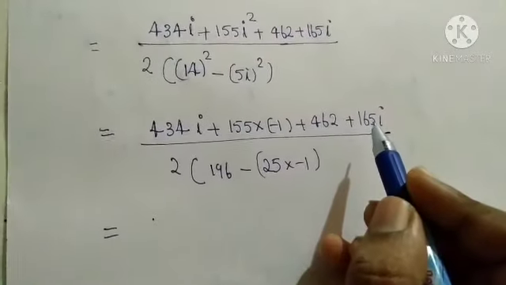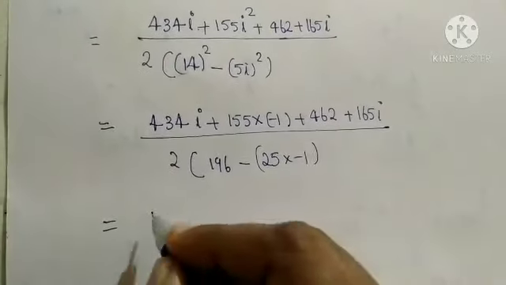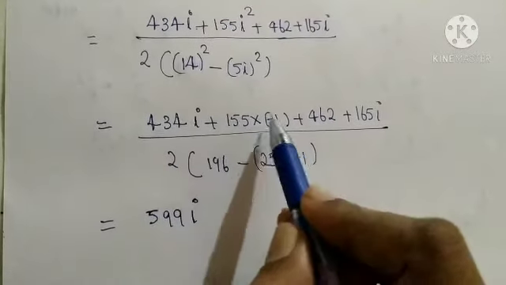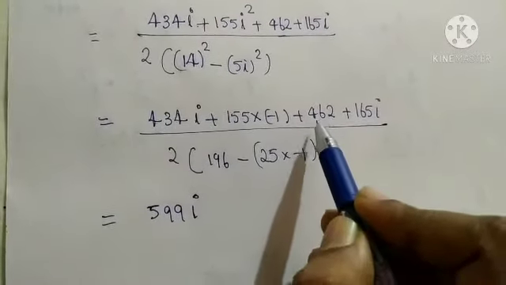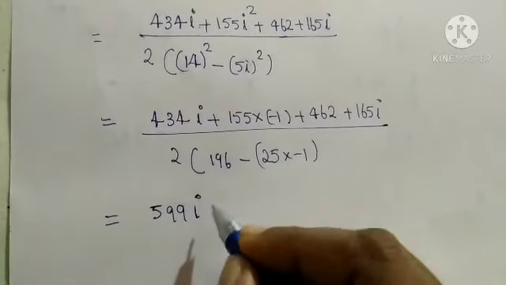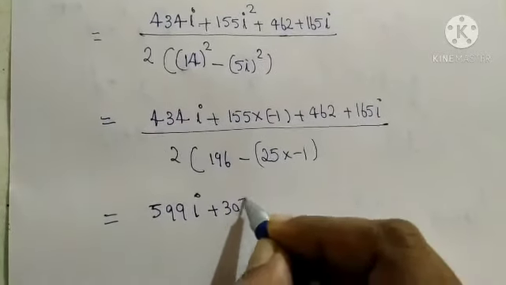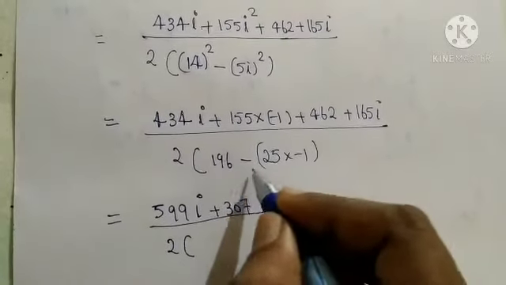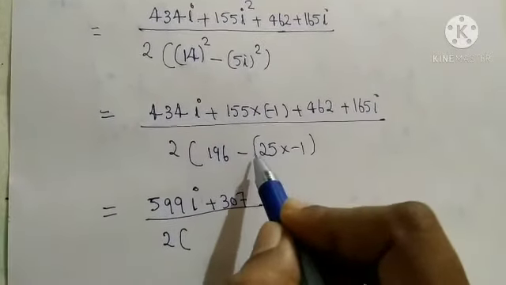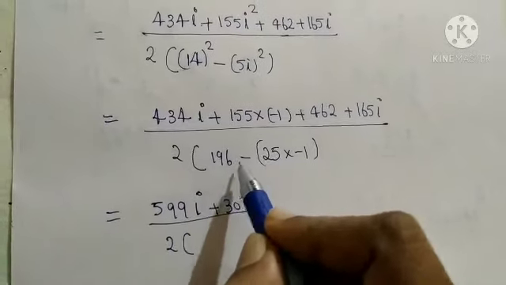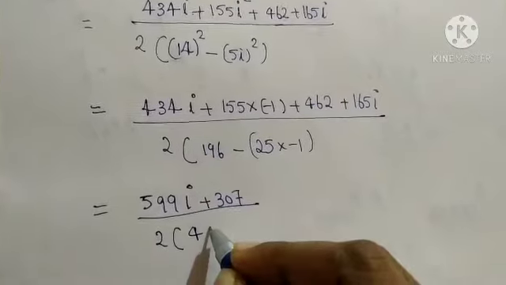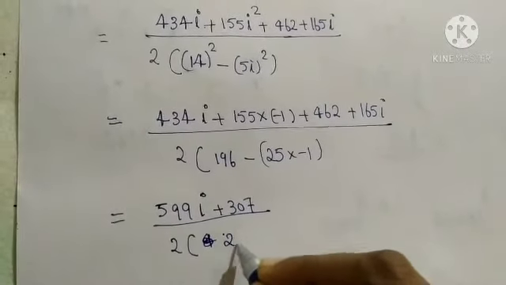434i plus 165i will become 599i, and minus 155 plus 462 will become plus 307 divided by 2 into 196 minus of minus will become positive. So 196 plus 25 will become 221.